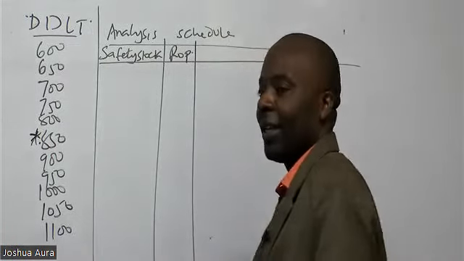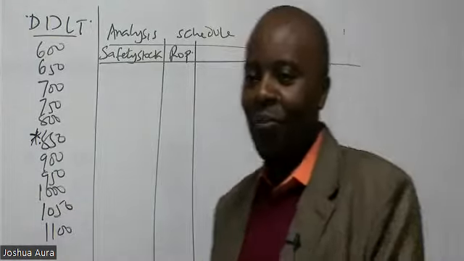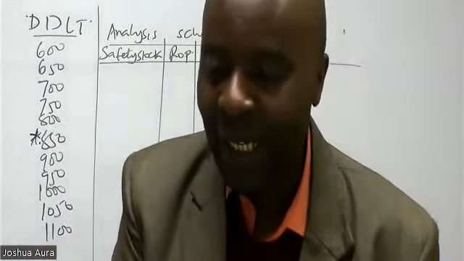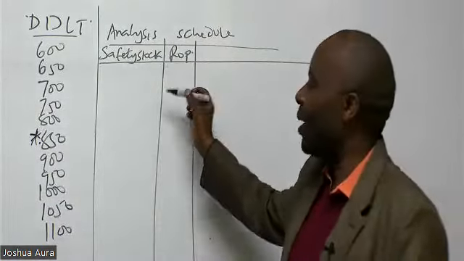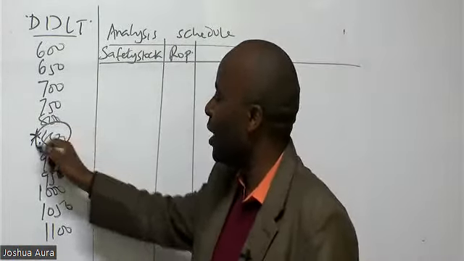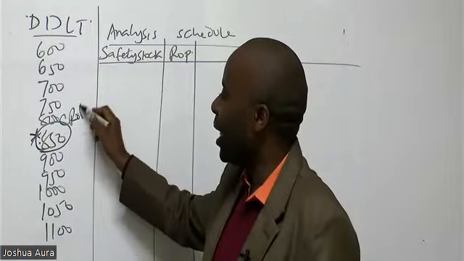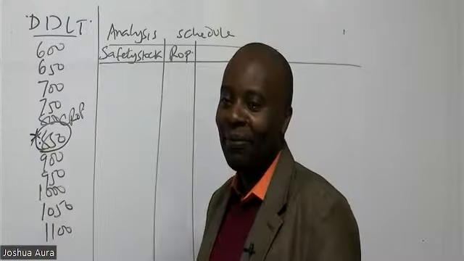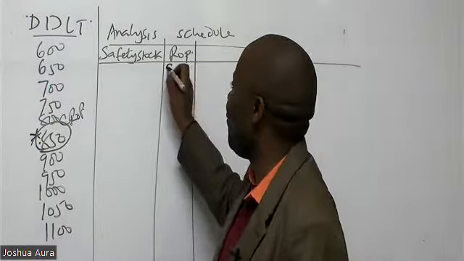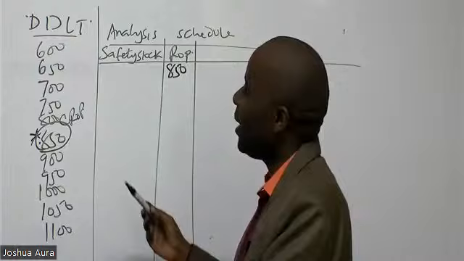Lakini sasa always unaanza na ROP. So this one, if I were you, I would have called this the C ROP, the current ROP, very important. The current ROP marks my beginning point. It is 850.